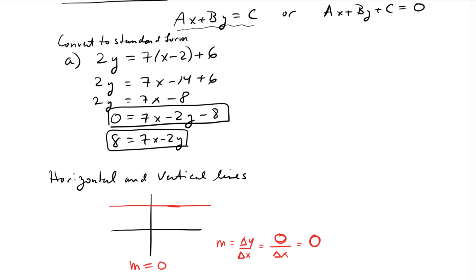For a vertical line, it's like this. So here x does not change. It stays the same. So your slope, if you try to calculate it, y would change, right? Along the y changes, but x is never changing. The change in x is essentially 0, and you can't divide something by 0. So there's no slope for these lines.